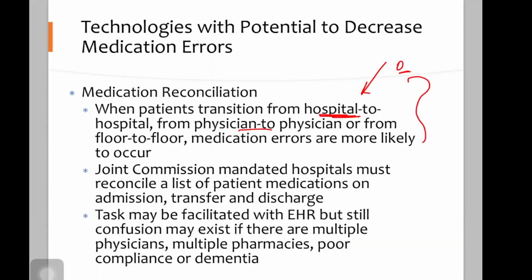This needs to be addressed, and for that, like the Joint Commission mandate, hospitals must reconcile a list of patient medications at admission, transfer, and discharge. Also, there needs to be a task, maybe facilitated with the EHR. Most of the time, this process is handled manually, but it could be handled through the EHR system.